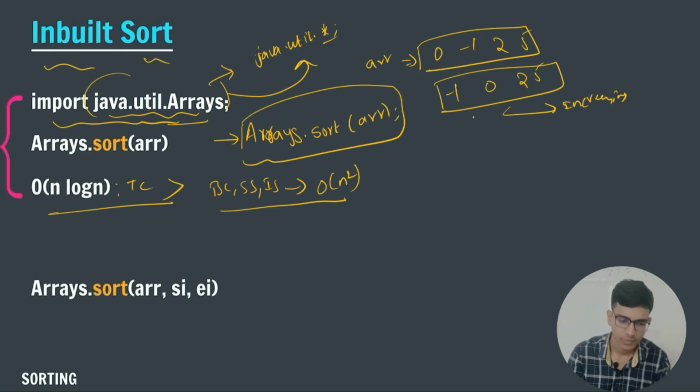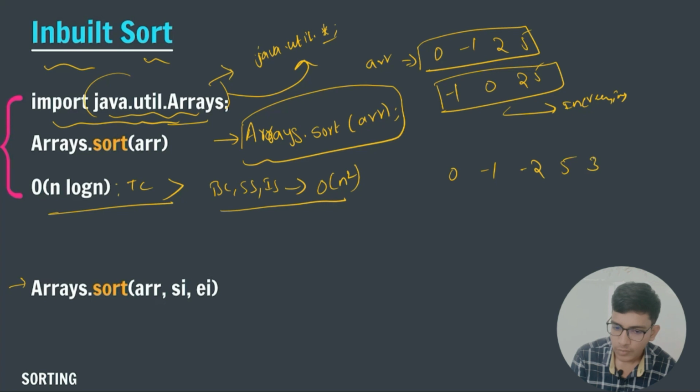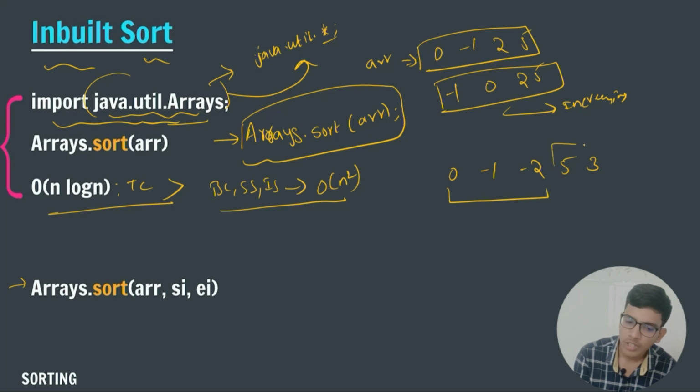So let us take an example to understand this line. Let us take elements like 0, -1, -2, 5, 3. Now I want to sort only the first three elements. I don't want to sort the last two elements. To do that, these are the indexes, right? 0, 1, 2, 3, 4.